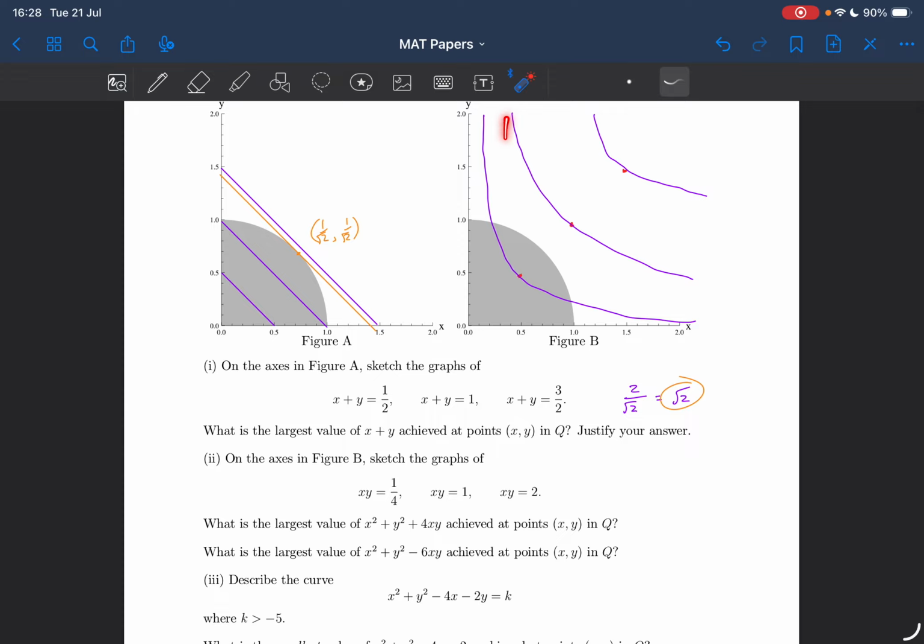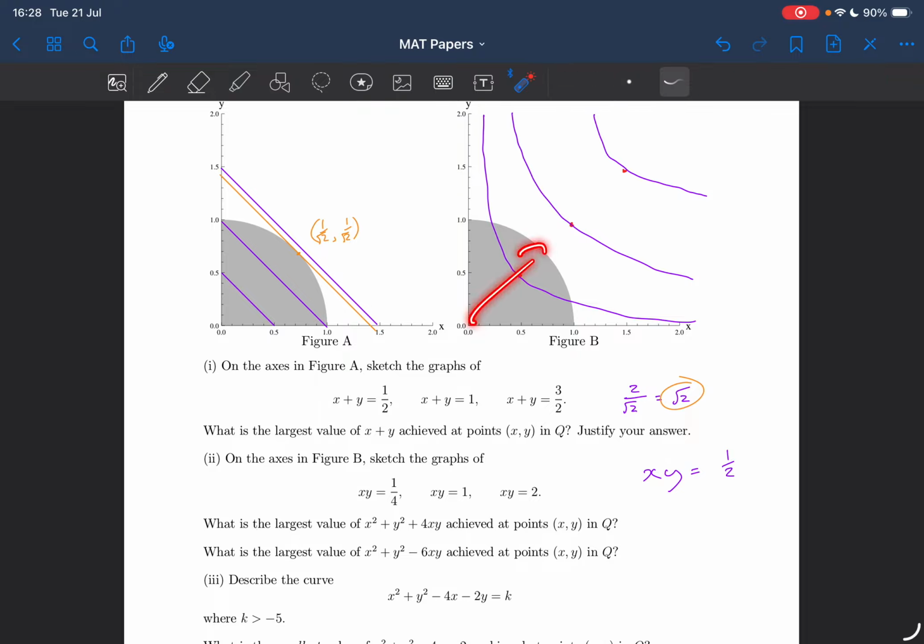So whatever line is going to come down, hit that point and then go away again. So effectively, we want the xy. Well, we know at that point it's going to be 1 on root 2, 1 on root 2. So altogether they must equal a half when you times them together.